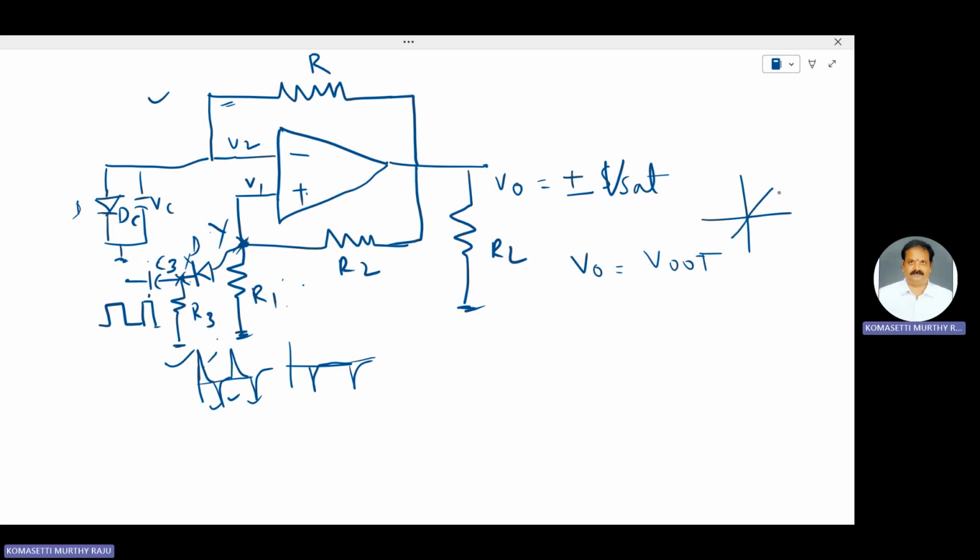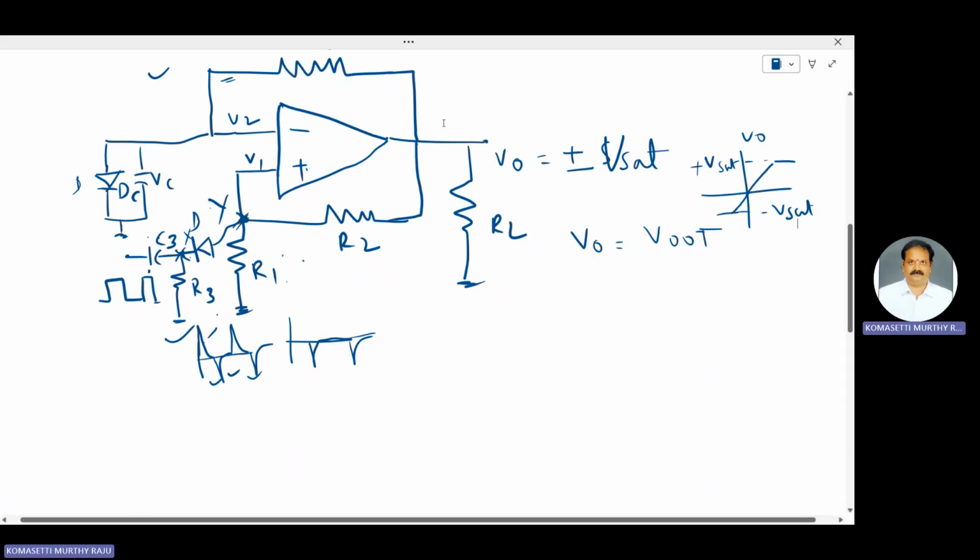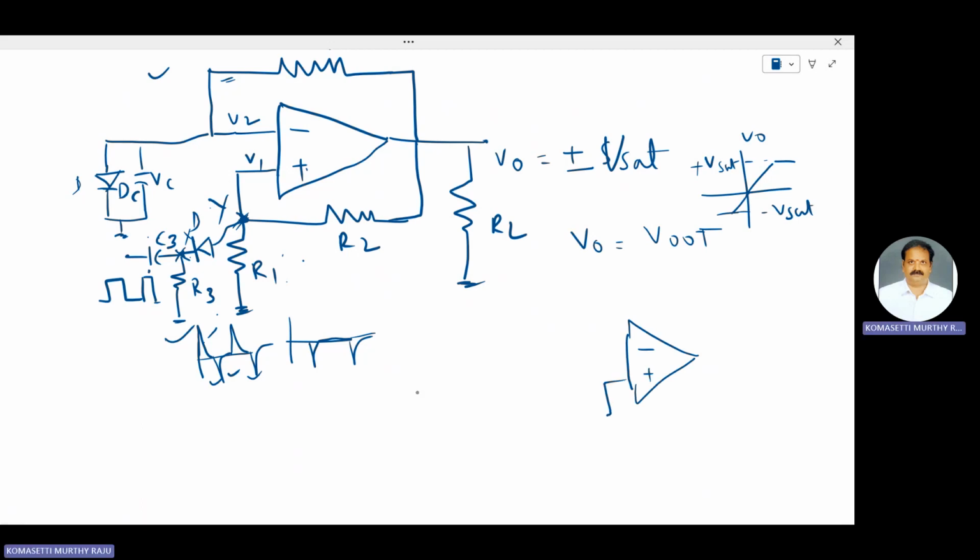Consider the transfer characteristic curve of the op-amp. For positive voltages, the output is plus Vset. For negative, it is minus Vset. Initially, the output voltage of the op-amp is plus Vset. Consider this one, minus plus, without any trigger signal applied here.